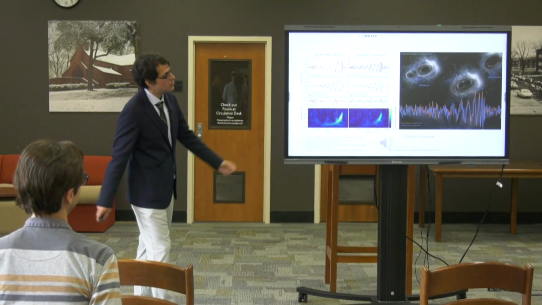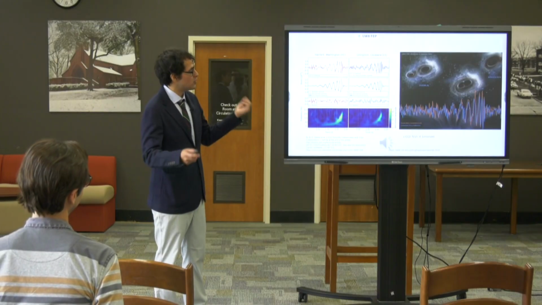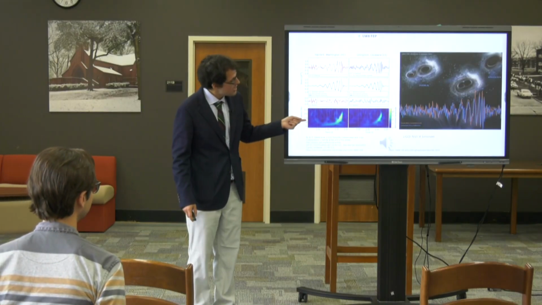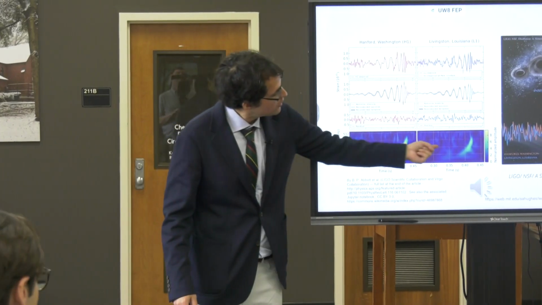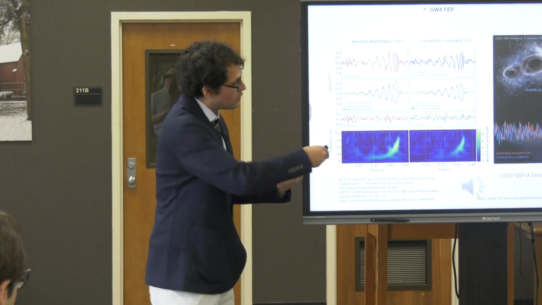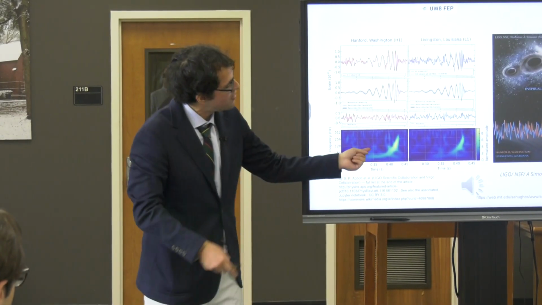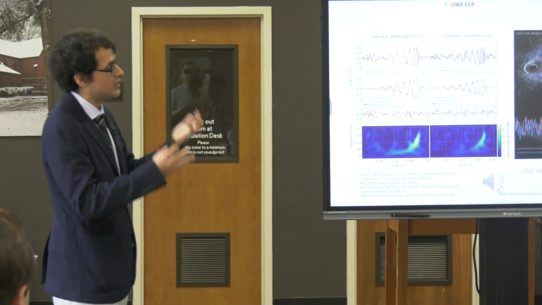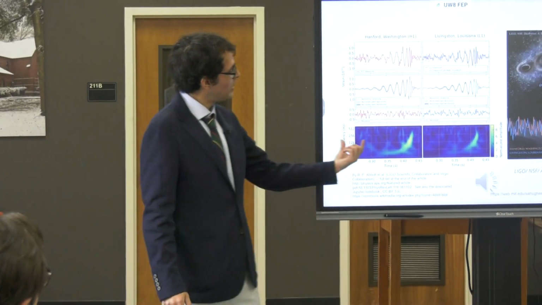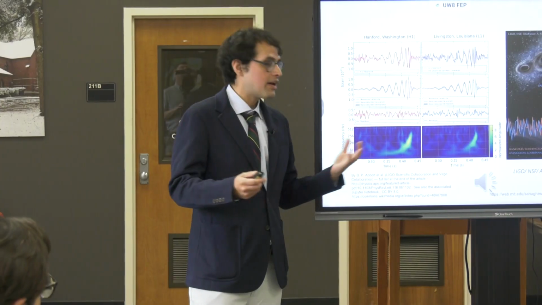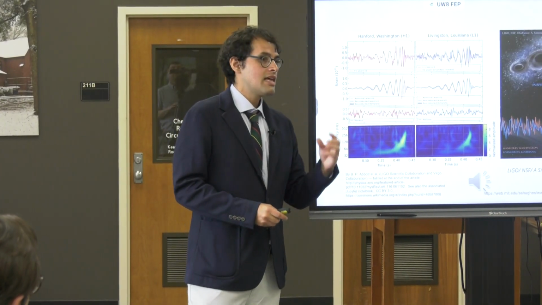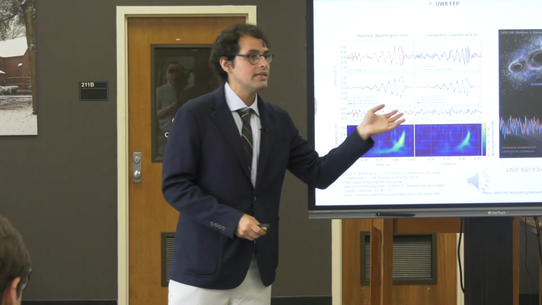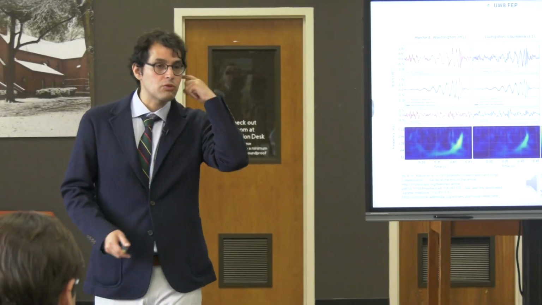If you do Fourier analysis now, as we saw with the spectrogram, the spectrogram looks a little bit like that. The black holes come together, and when they merge, they have this really high frequency that tells us when they merge. What is very fun is that when you do this frequency analysis, the frequencies in which these events take place are in the same range of frequencies that we hear.